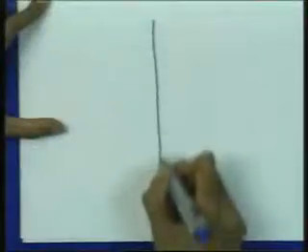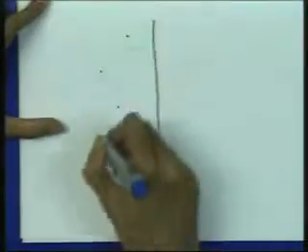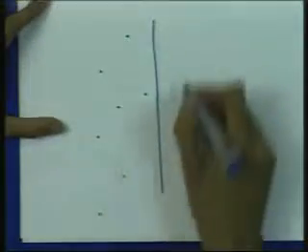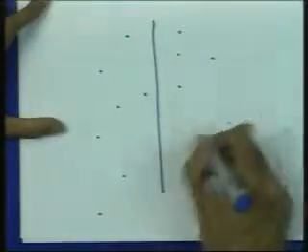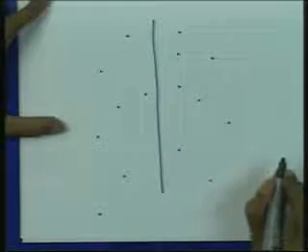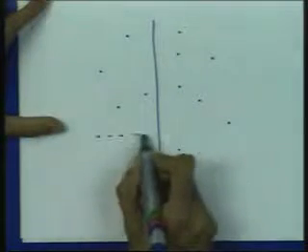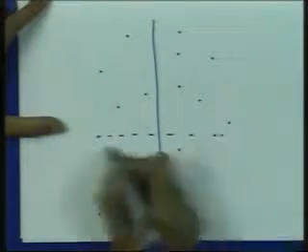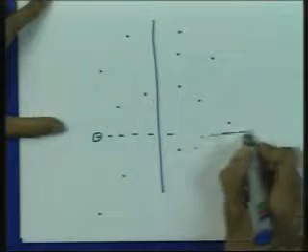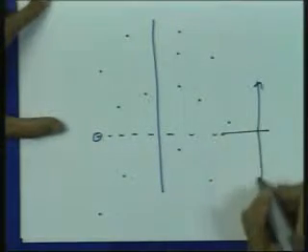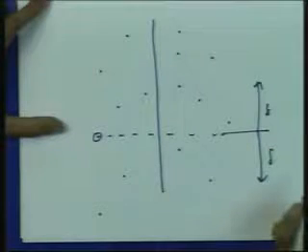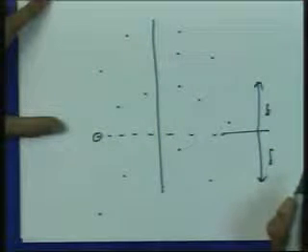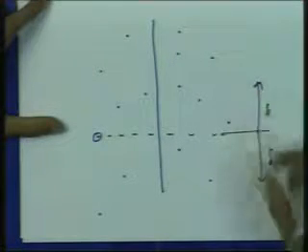Okay, so here is my center line, and here are these various points on the left and on the right. If I take any point on this side, then I only need to look at a window of size 2 delta, delta on this side, delta on that side. This is what I need to do.